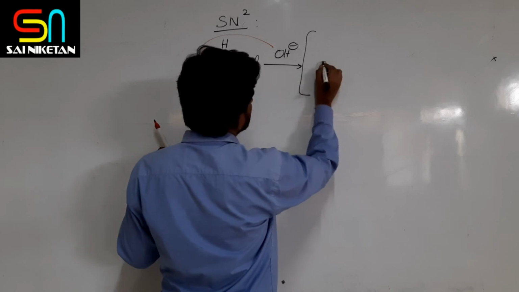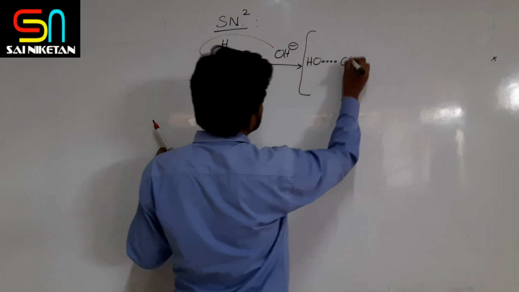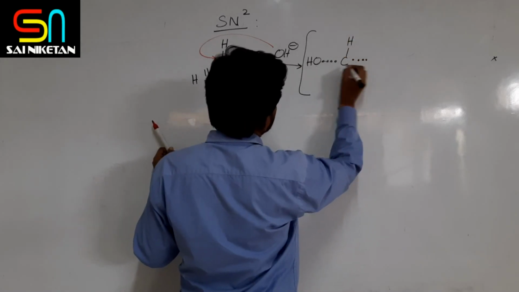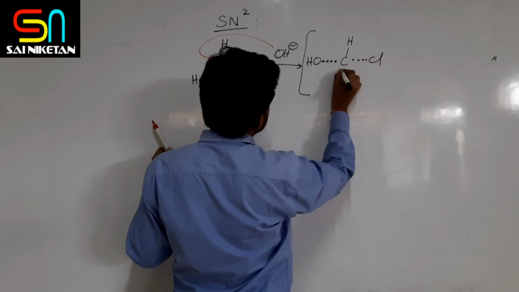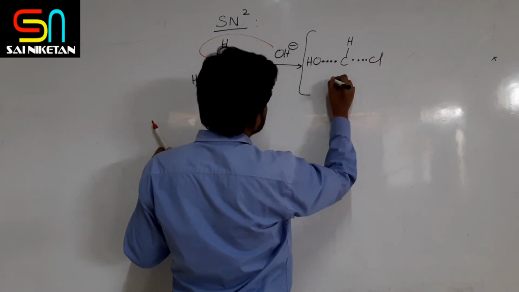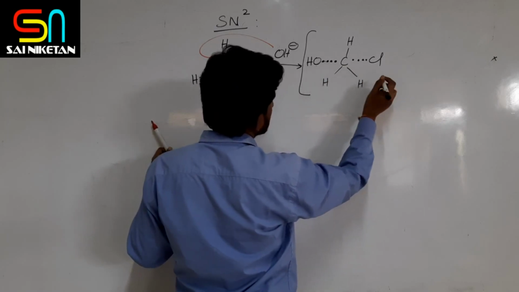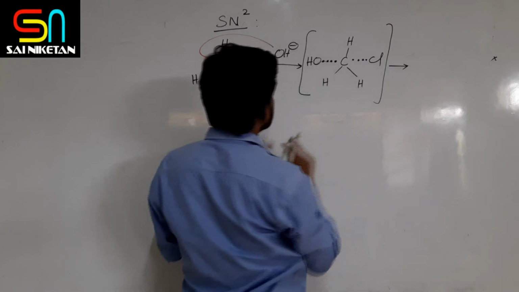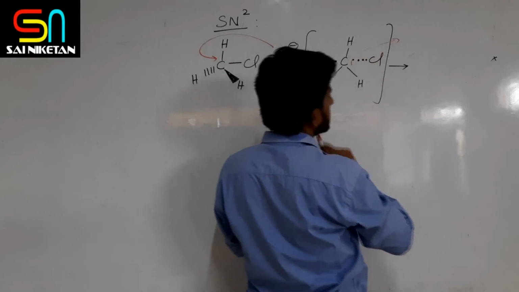OH here, carbon with hydrogen and chlorine atom, remaining 2 hydrogens in this way. So I just told you that the chlorine is eliminated, or the chlorine is lost.